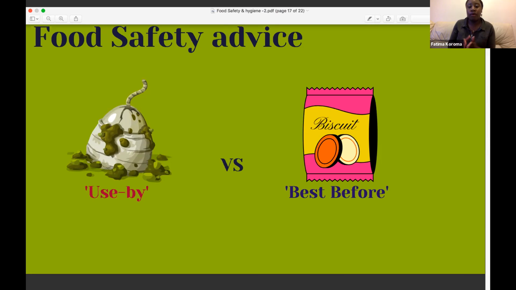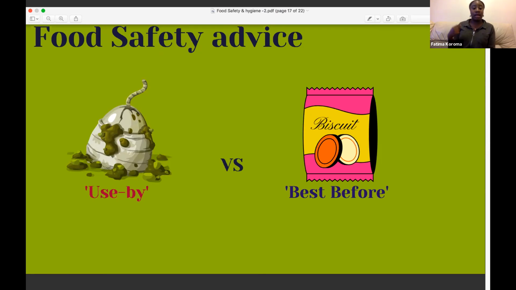But after one month, sometimes after this use by date, even when we look at the food, we see nothing wrong with it, and it tastes fine. But after that mark, we still send it to the lab, because sometimes the bacteria are there.